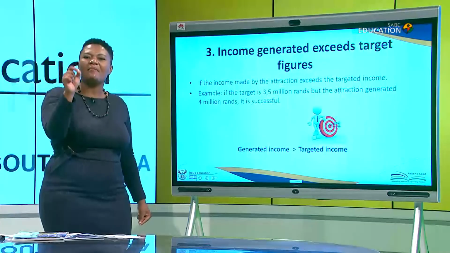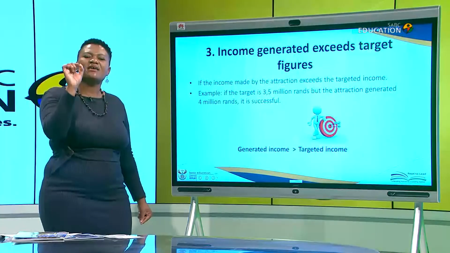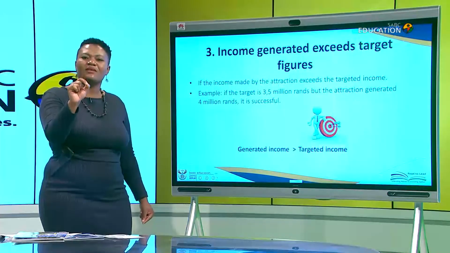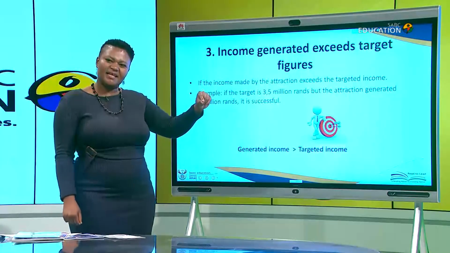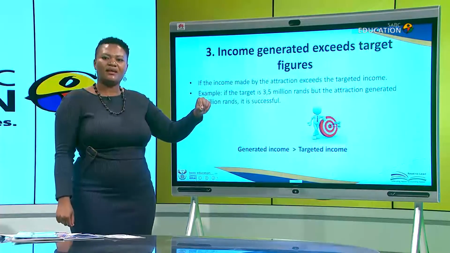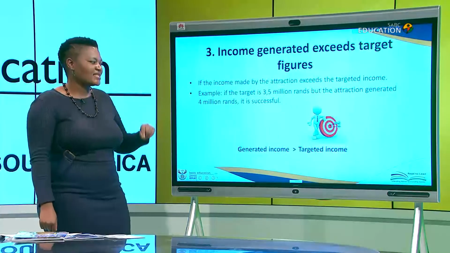That is where they were hammering, there in the middle on that red dot, to indicate that our target is 3.5 million and we've always received 3.5 million. But guess what? Now that they've exceeded their targets and they made 4 million rands, it indicates that that attraction is successful.